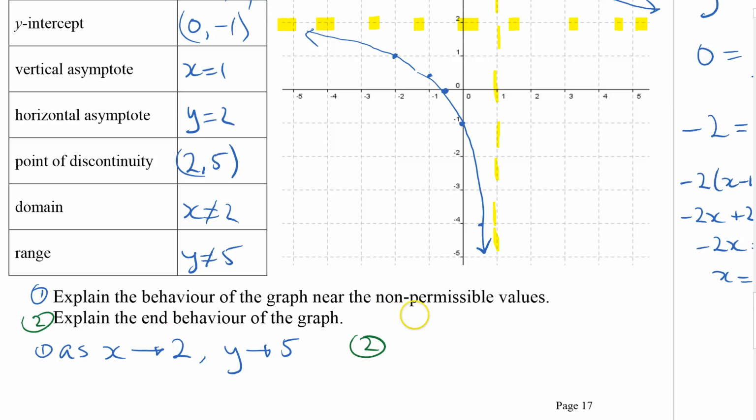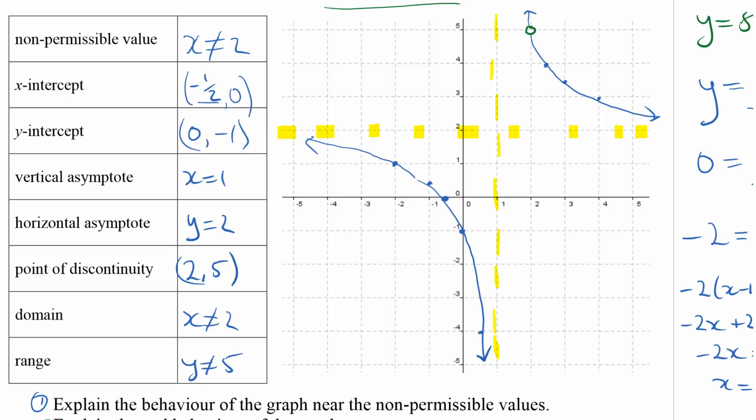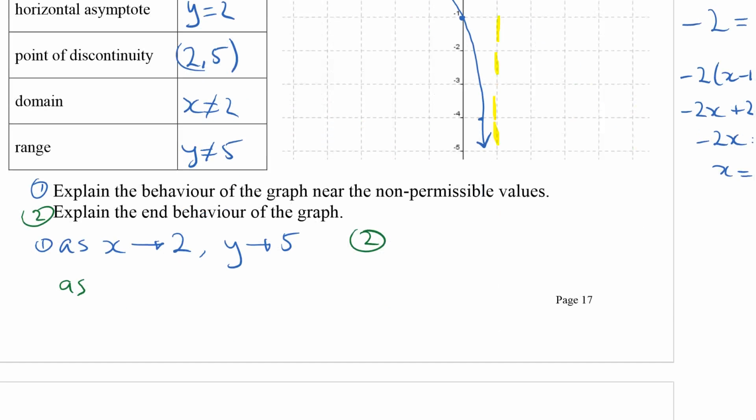There are more non-permissible values than just that. I could also say, looking at the asymptotes, as x approaches positive 1, then y approaches either positive or negative infinity, depending on which way we're looking at it. Now those are our end behavior over here.